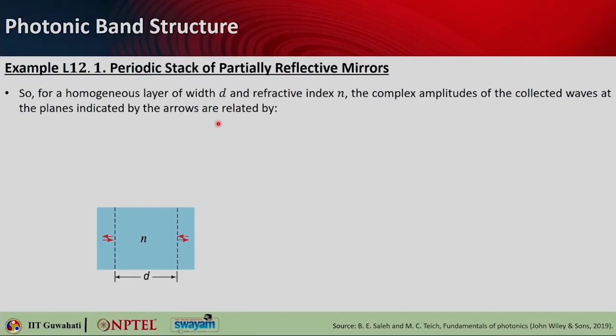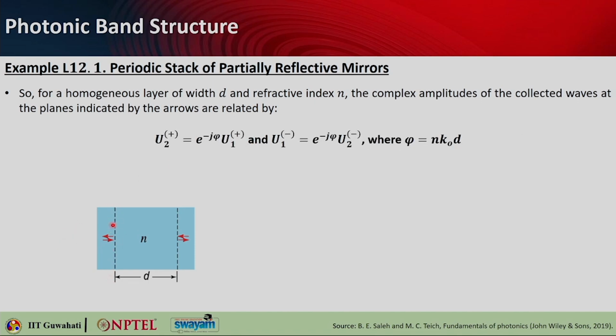Now, for a homogeneous layer of width d, for this interface we have seen what happens with the incoming and outgoing, or you can say what is falling, getting reflected, and so on. For a homogeneous layer of width d and refractive index n, shown here, consider the complex amplitudes of the waves at the planes indicated by the arrows.